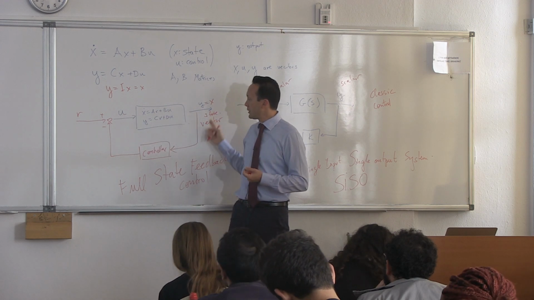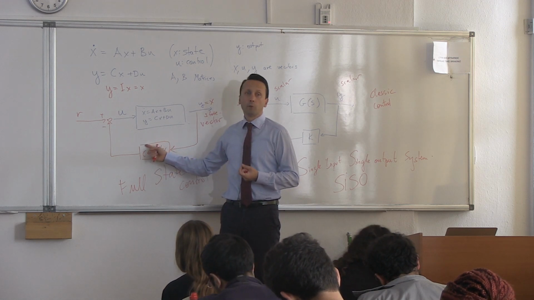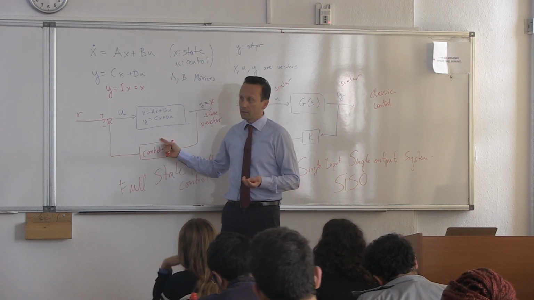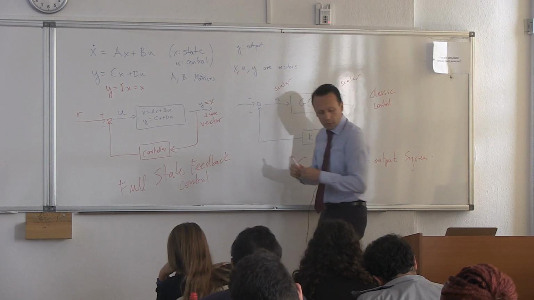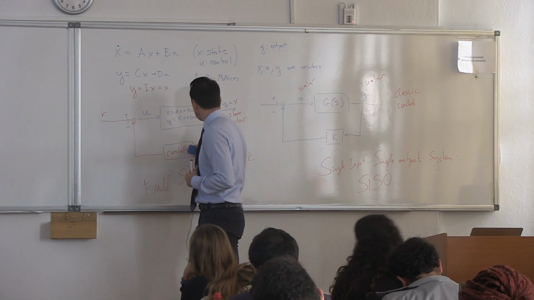You have matrices and vectors, and you will have most of the time a matrix over here as well, instead of having k. So a typical state feedback controller would look like this.